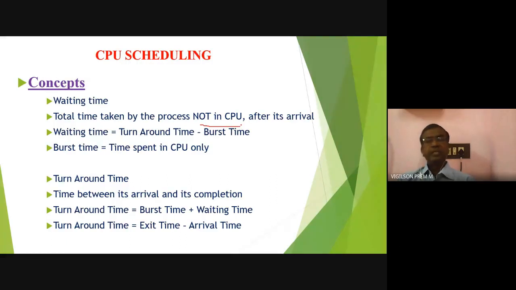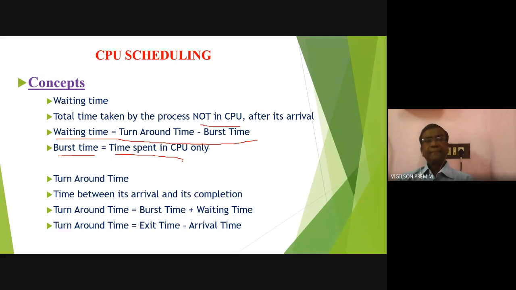When it is in the CPU, that time should not be considered. When it is not in the CPU, that is when it is in the queue after its arrival, that time we have to consider. So note down this waiting time formula: waiting time equals turnaround time minus CPU burst time. Burst time means the time spent in the CPU only.